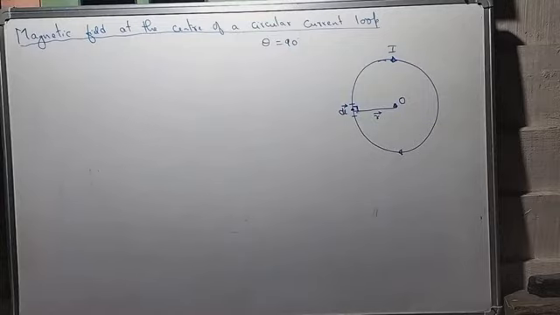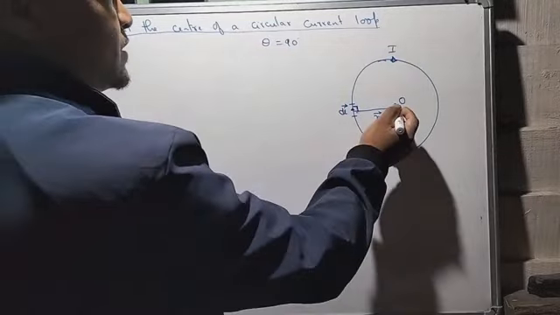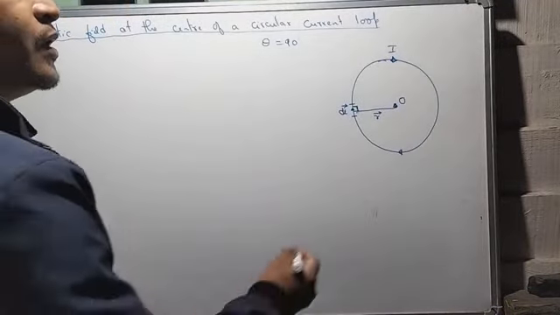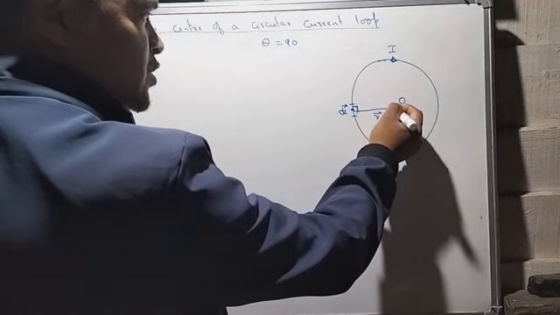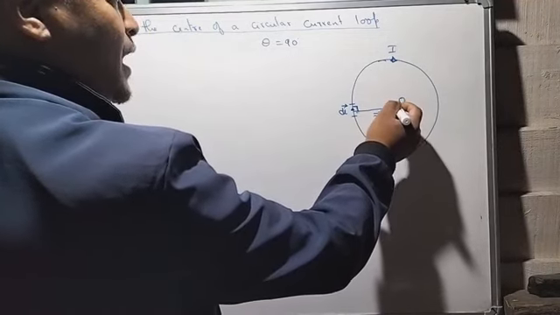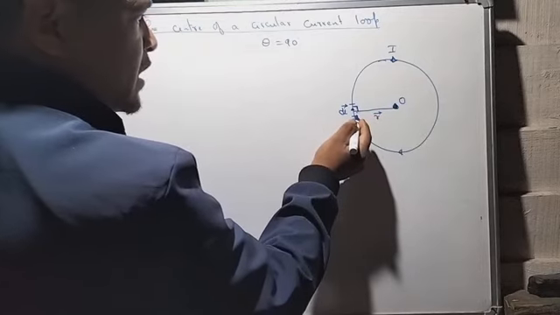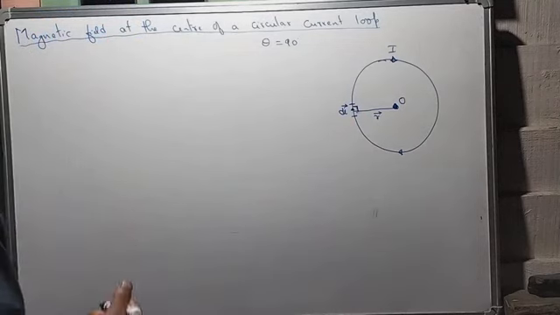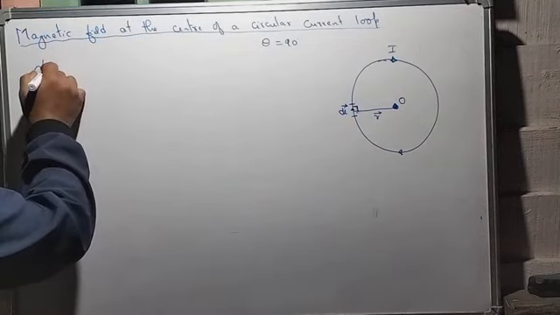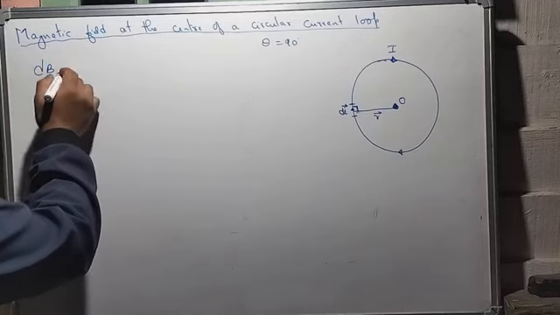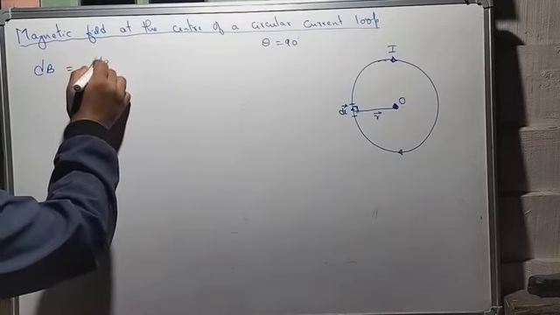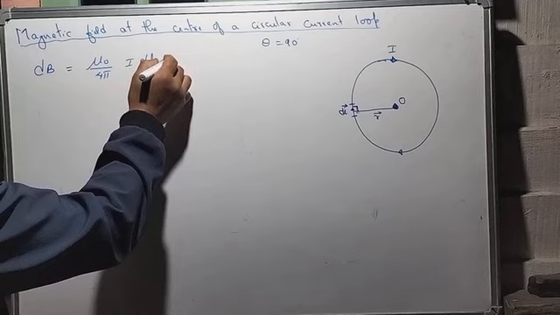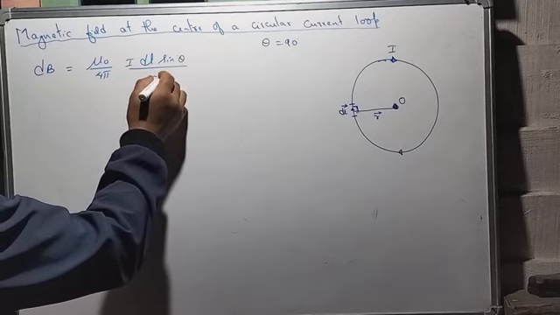In order to find the magnetic field at this center due to this whole circular loop, first I will find the small magnetic field dB at the center of the loop due to this current element dl. For that, we will use Biot-Savart law, which says the magnetic field due to a current element Idl is equal to mu naught upon 4 pi, I dl sine theta upon r square.